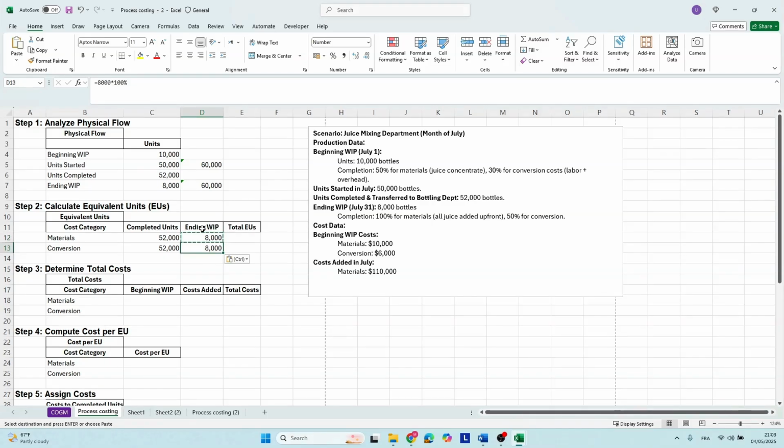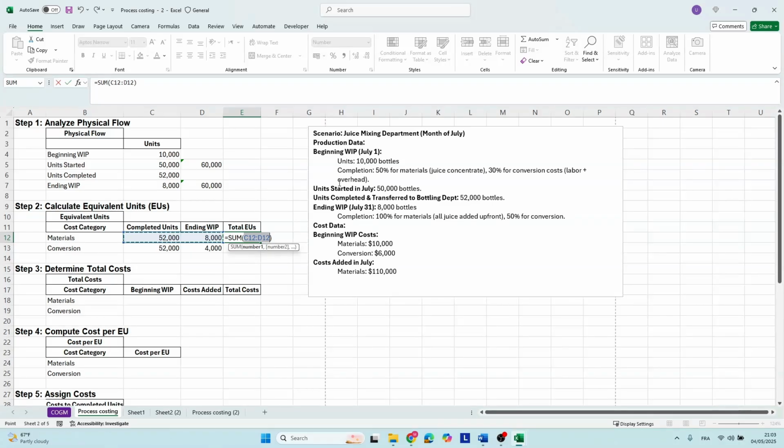We do the same thing for conversion, but here we put 50%. And we get ending work in progress for a total of 4,000. Here we make the calculation, and we have the equivalent units of 60,000 for material, 56,000 for conversions.